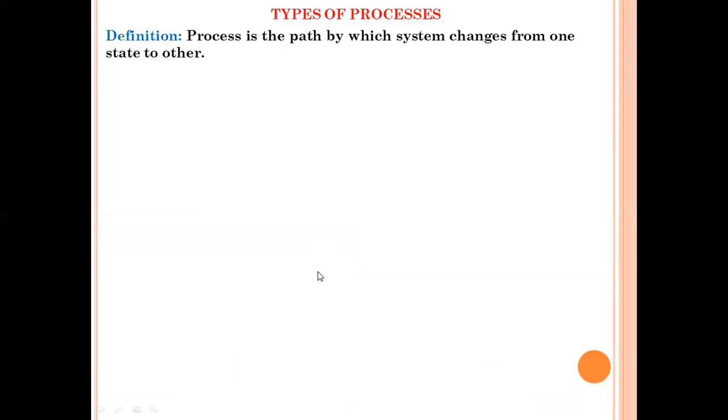Types of process. A process is nothing but the path by which the system changes from one state to another state. During the change of the system from one state to another, the process occurs. There are four different types of process in thermodynamics.